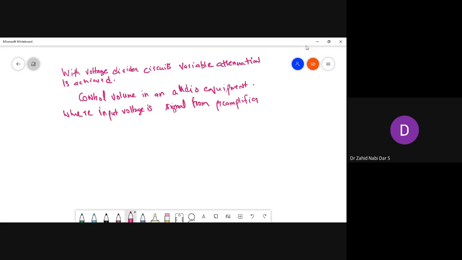And V naught is the signal sent to the power amplifier. Okay, now this is voltage control and the other thing over here.